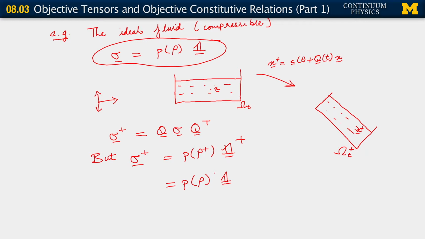Okay? But then we do indeed have that, okay? Right? Because if we go back here and evaluate this, we basically get q acting on P rho isotropic tensor Q transpose, right? Which, because of the properties of the isotropic tensor, is just P rho. Okay? So what we see is that the expression for the constitutive relation that we have and that I've circled at the top of the slide is an objective function, right?